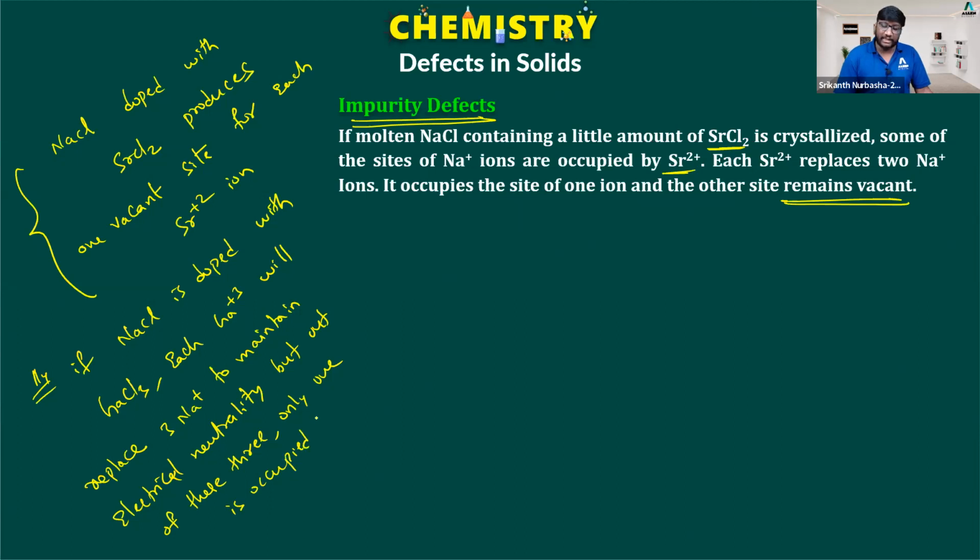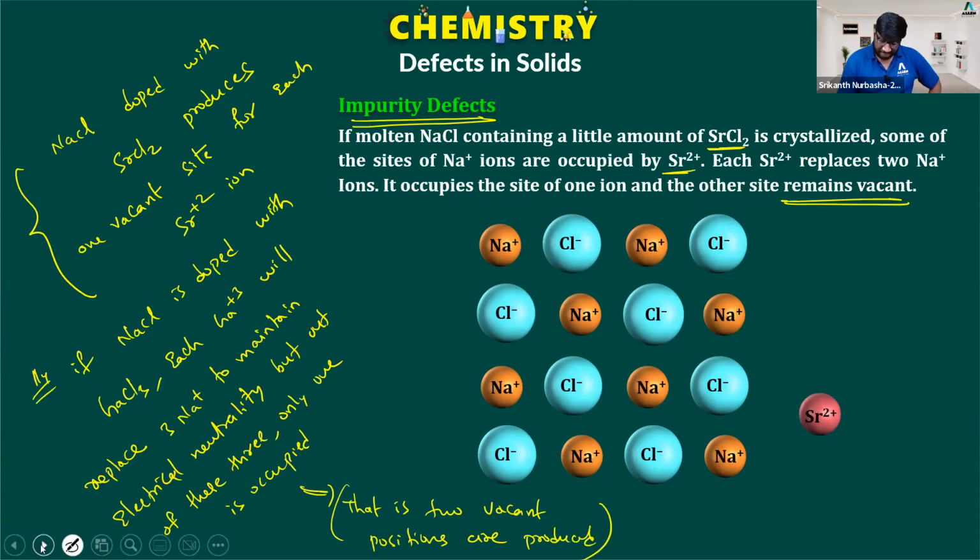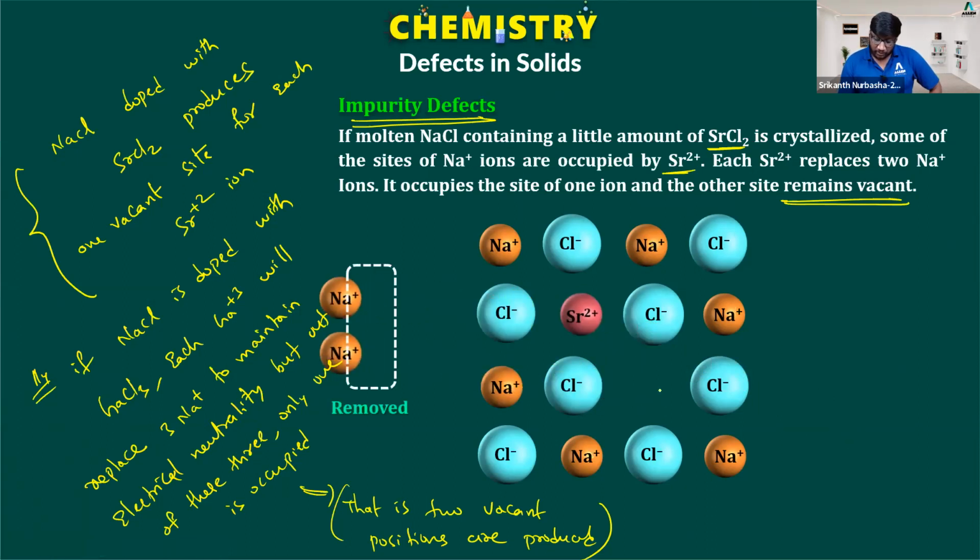That is, 2 vacancies are produced. You can see how the vacancy has been produced. Whenever Sr plus 2 is obtained, 2 Na plus have been removed and 1 vacancy has been produced.